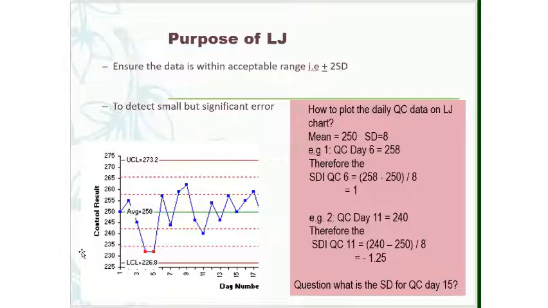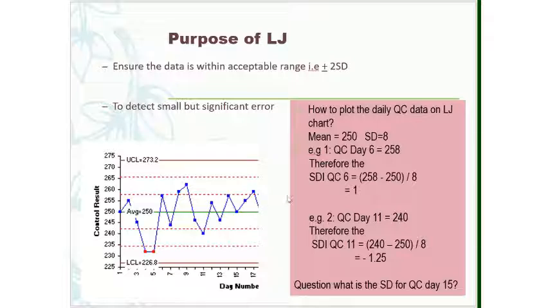Okay, now let's look at the QC on day 6. The result of QC day 6 is equal to 258. So how to plot?